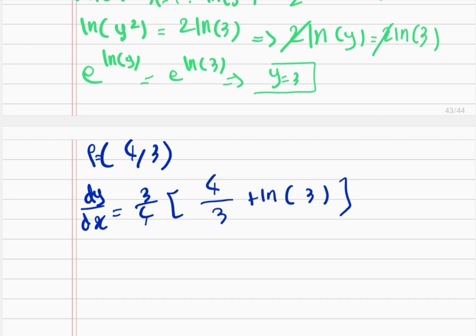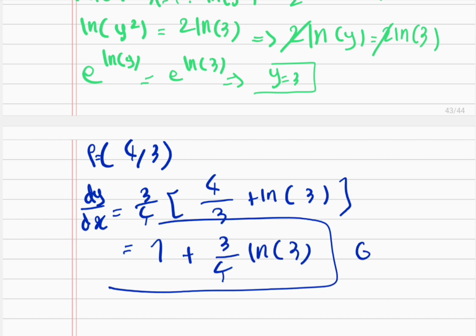This is basically the value of the gradient, and we can simplify this if you like. We get 1 plus 3 over 4 ln 3, and this is the gradient at the point P.